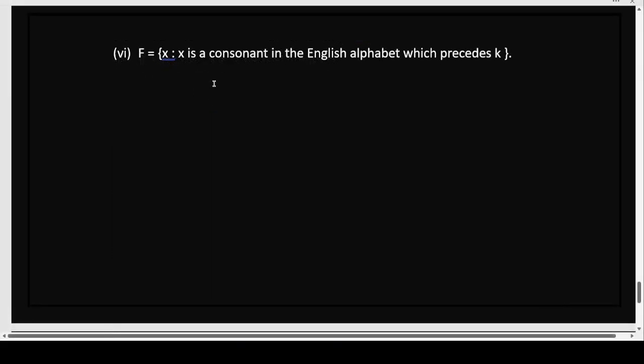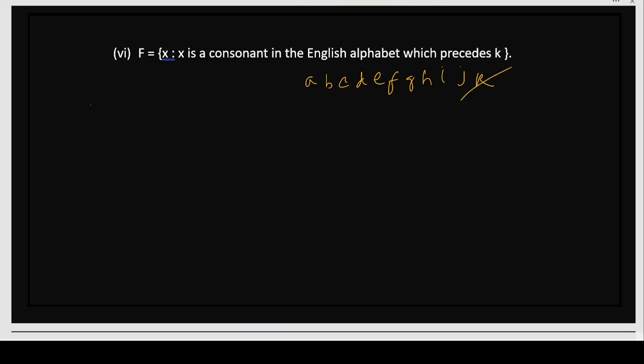In this question, he is asking x is such that x is a consonant in the English alphabet which precedes K. That means it should be a consonant, not a vowel, and a letter before K. You can write down all the letters before K: A, B, C, D, E, F, G, H, I, J, K. So K, we can strike it off.